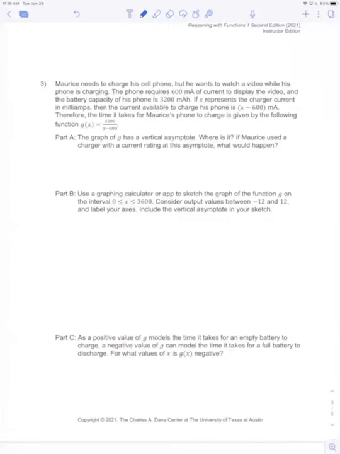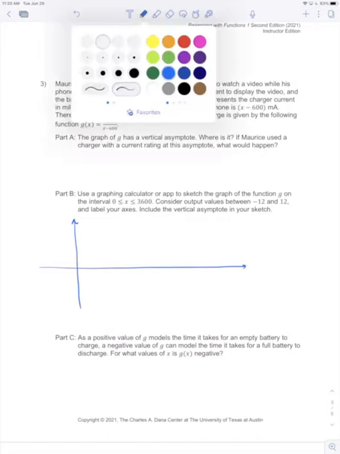So for part A, it says the graph of g has a vertical asymptote. Where is it? If Maurice used a charger with a current rating at this asymptote, what would happen? So let's just draw a quick sketch of what's happening here. At 600, we are going to have a vertical asymptote.